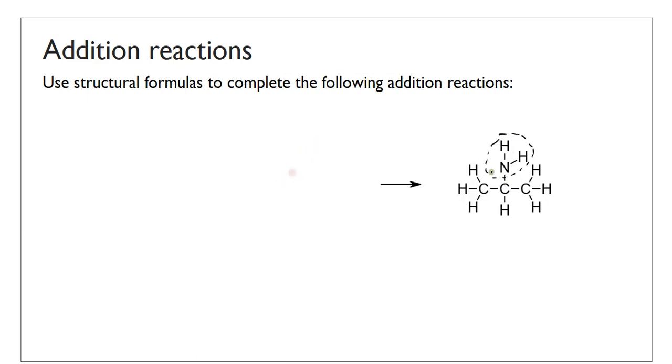Actually, what you can do is just think about the fact that two groups have been added to this molecule. So if one of them is here, the other one has to be on the adjacent carbon. It could be on this side or this side. In this case, it doesn't matter. So these two will form a group, so I have NH3. Okay, so that's originally come from the NH2 here and the H here. And whatever is left, let's just redraw everything else.